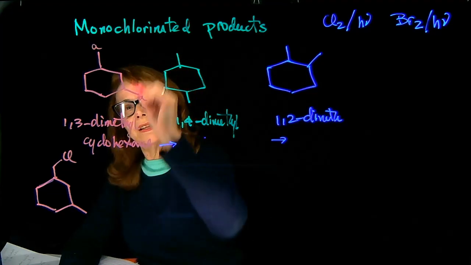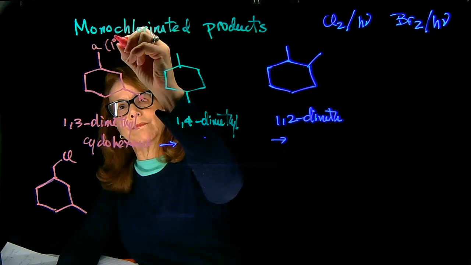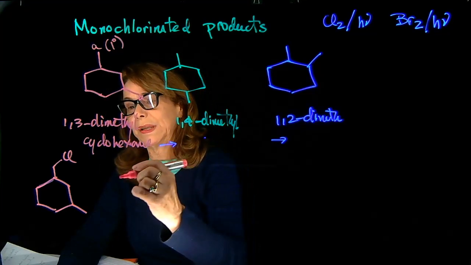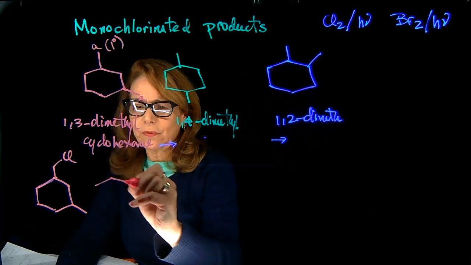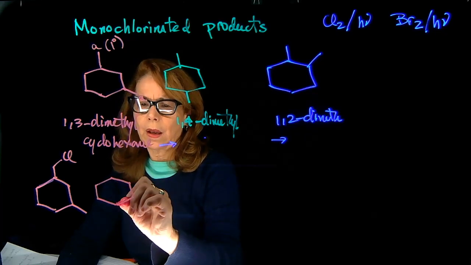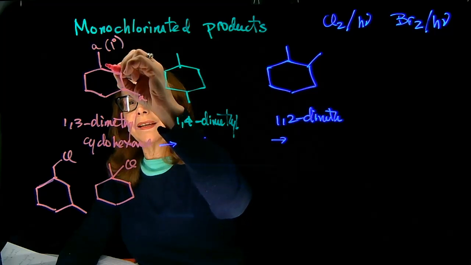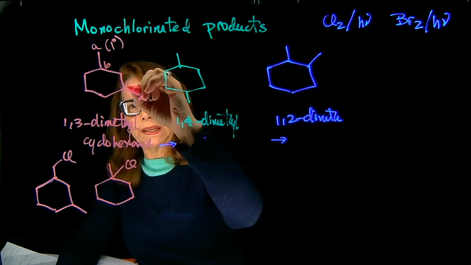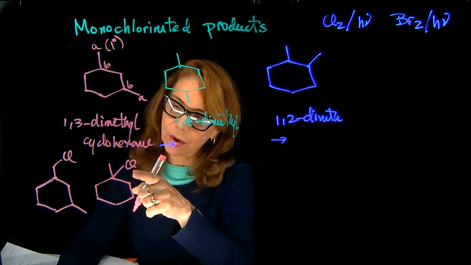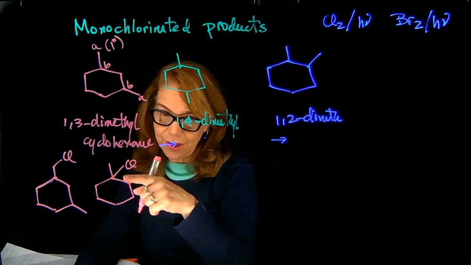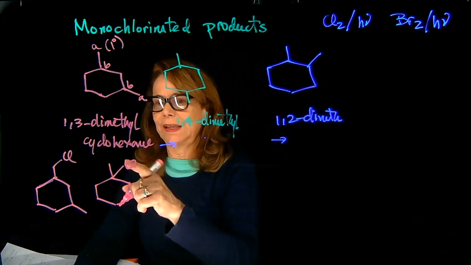This position is primary, and will form a primary radical intermediate. Another product that I can form is by doing the substitution here, and I'm going to label this position B. That is coming from a tertiary radical, so you will abstract the hydrogen here, form a tertiary radical, and that's your product.